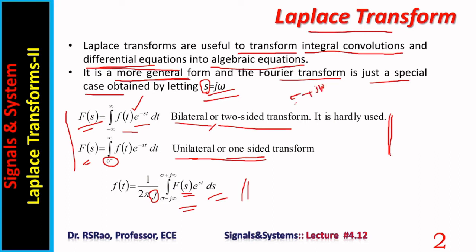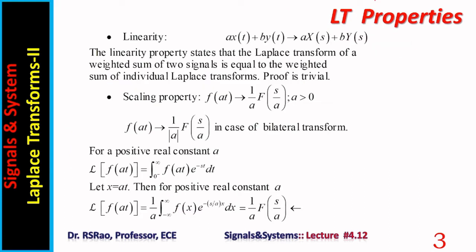Sigma is the real part, j omega is the imaginary part. Omega is real frequency. Sigma indicates attenuation. Sigma plus j omega is s, the complex frequency. By this time it is already known to you that s is the transform variable as far as Laplace transforms are concerned. Now properties.